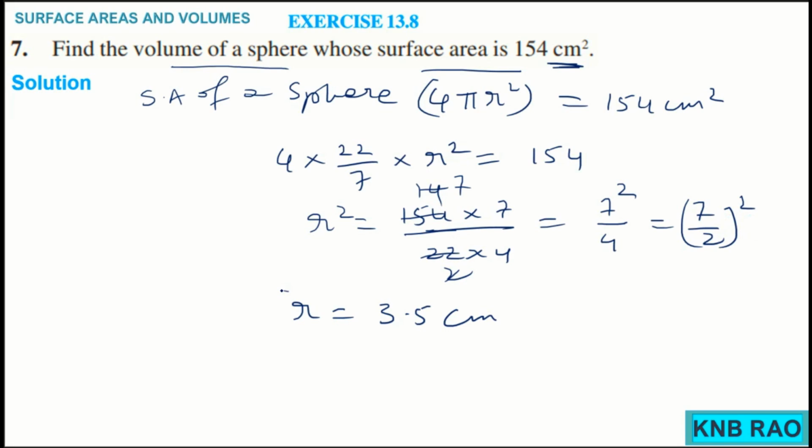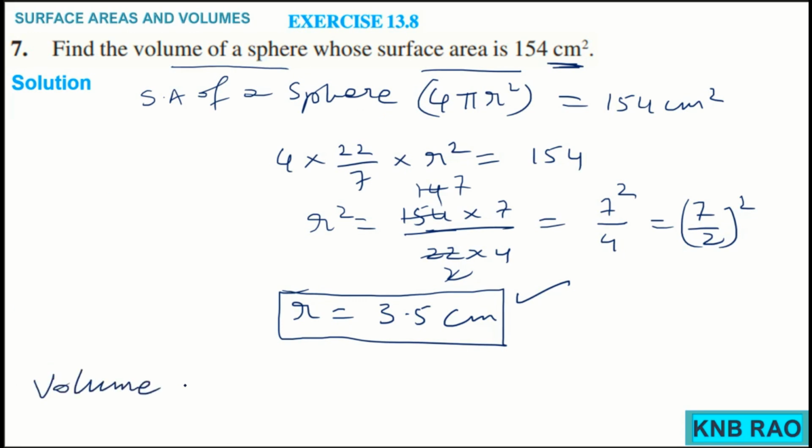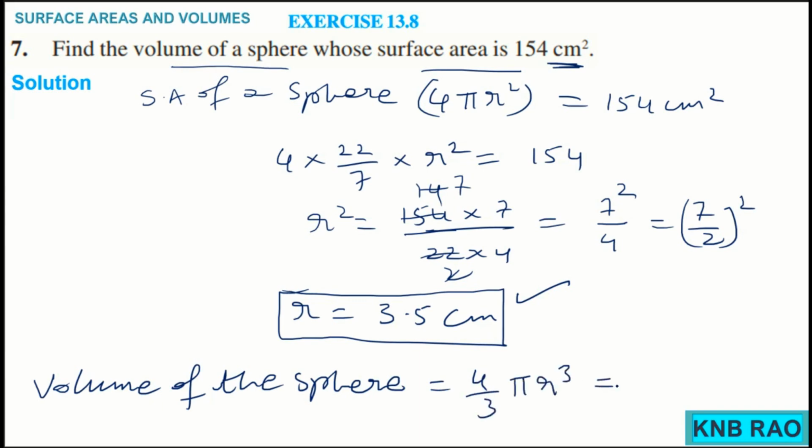So the moment you get the r value, to find the volume of a sphere, you have to substitute this value in 4 by 3 pi r cube.